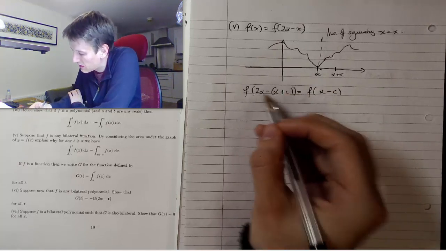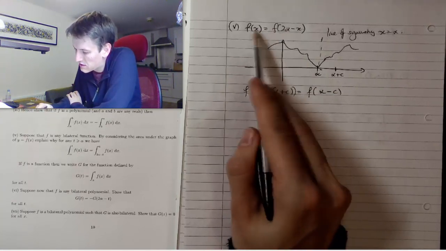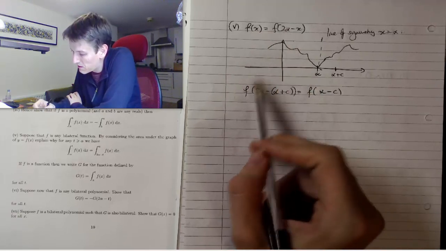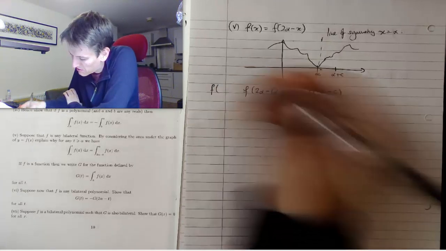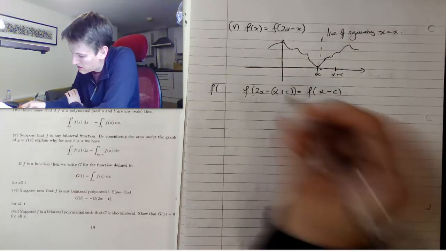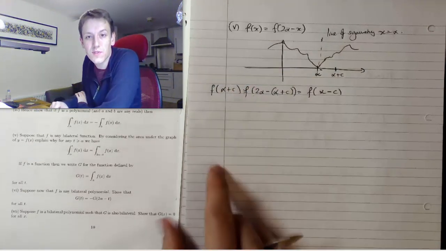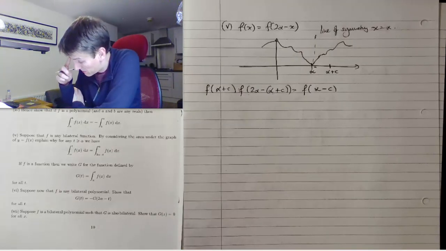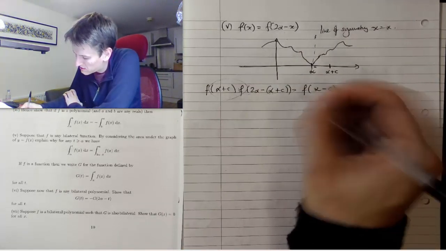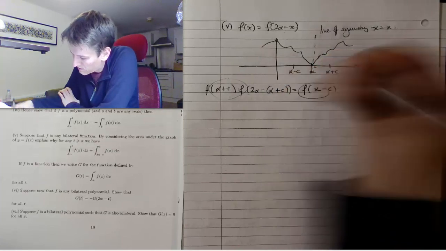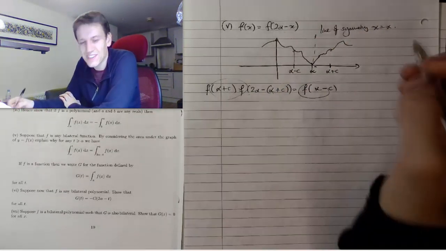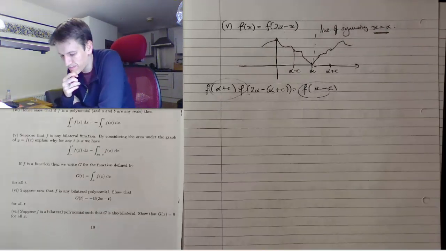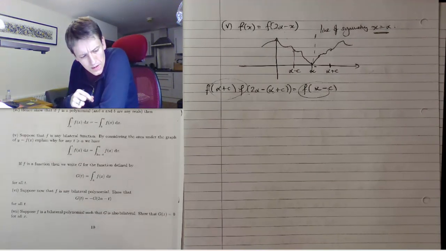And this first thing here, because it's a bilateral function, f of 2 alpha minus x is the same thing as f of x. So this is also the same thing as just f of alpha plus c. So the definition here implies that f of alpha plus c is the same as f of alpha minus c, which means I have a line of symmetry, x equals alpha.